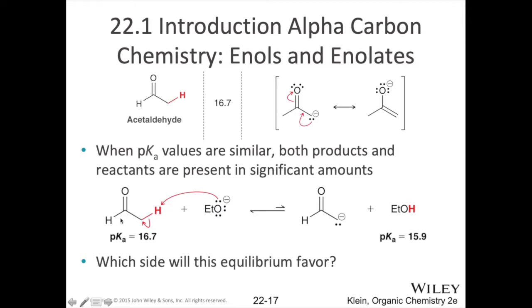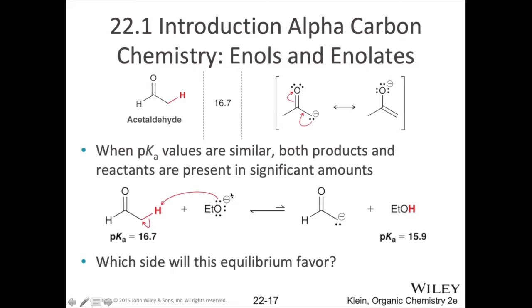And so you're going to have more of your protonated version of your acetaldehyde and not as much of your enolate. So if you're trying to convert this all into enolate, then sodium ethoxide is not a good base for this conversion.